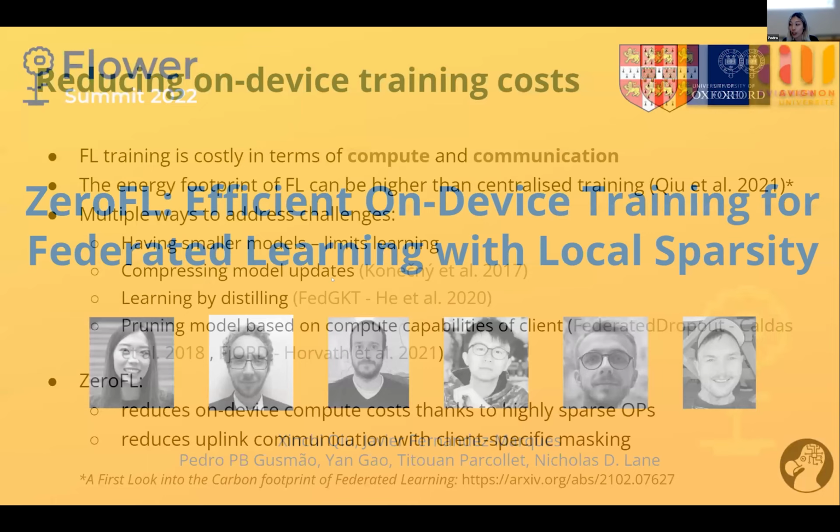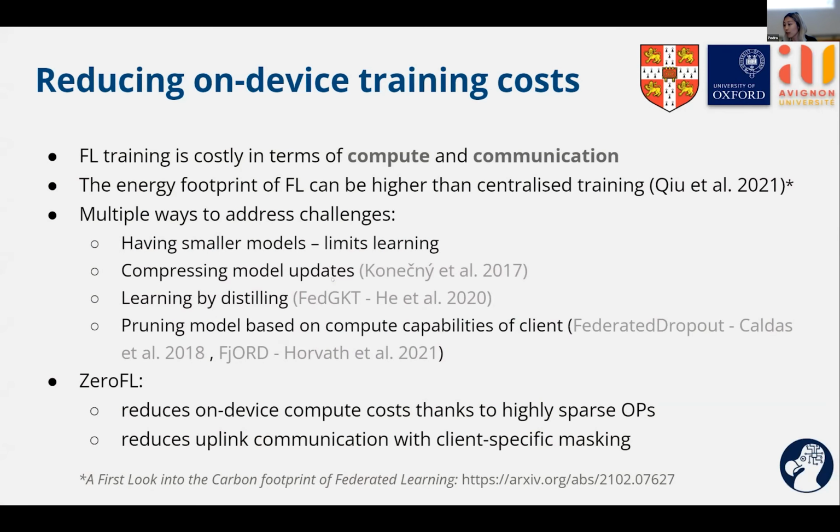In general, federated learning is costly in terms of both computational cost and communications cost. Our previous research found that federated learning can have a higher energy footprint than centralized learning from many perspectives. There are currently many different ways to address this challenge.